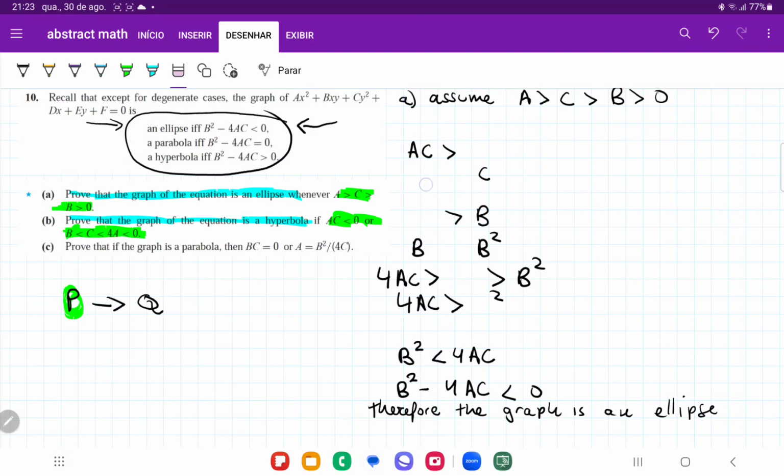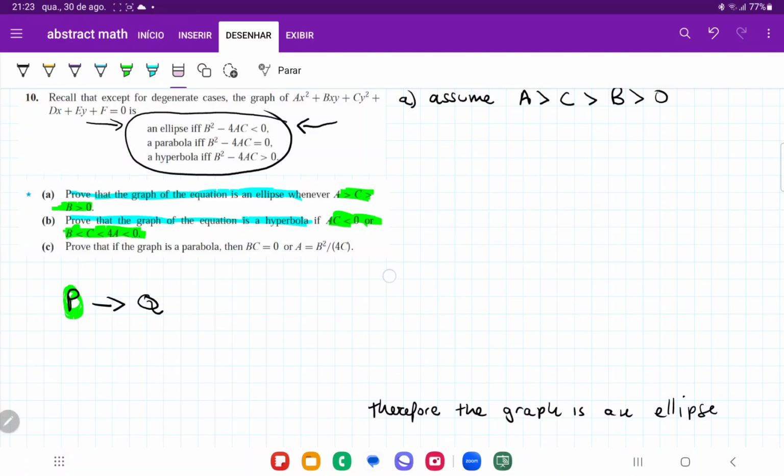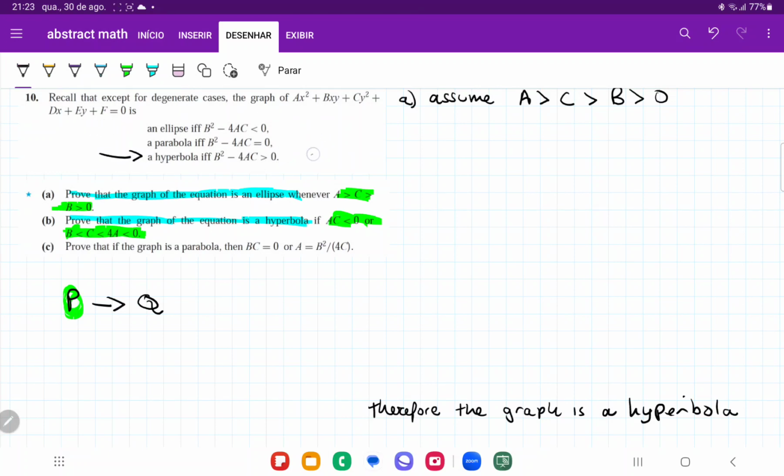So our conclusion is going to be that, therefore, the graph is a hyperbola. And what we're looking for when we're talking about a hyperbola is the third condition here. We're looking for b squared minus 4ac to be greater than 0.